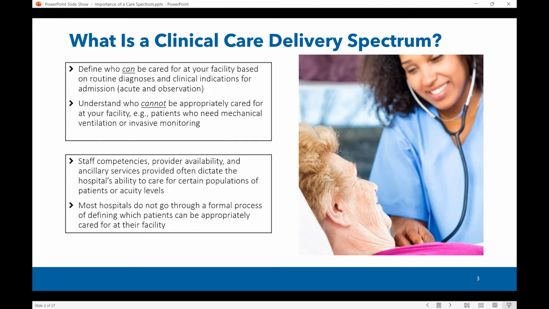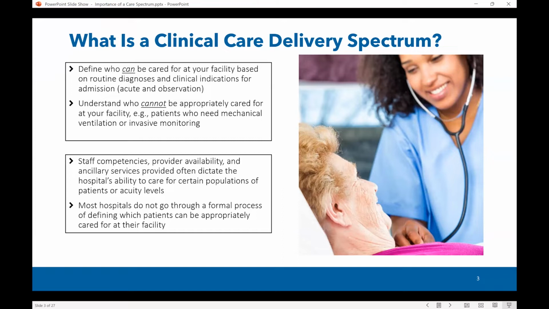In doing this, you also determine who really cannot be appropriately cared for at your facility. You look at staff competencies, provider availability, and all of the different services that you may use for a variety of patients. Those are the things that really dictate the type of patients that you can care for. So what do you have available?